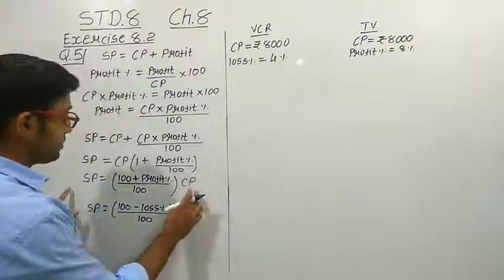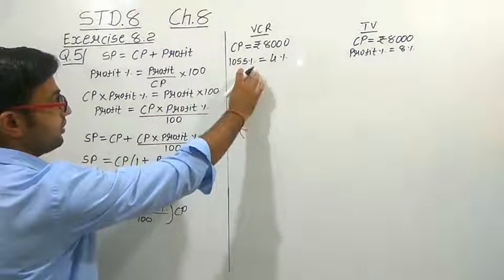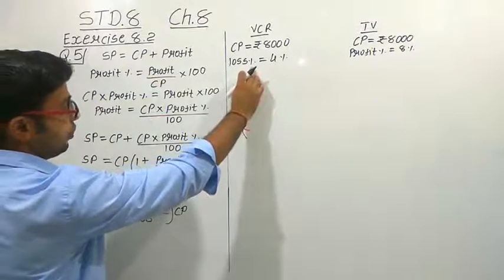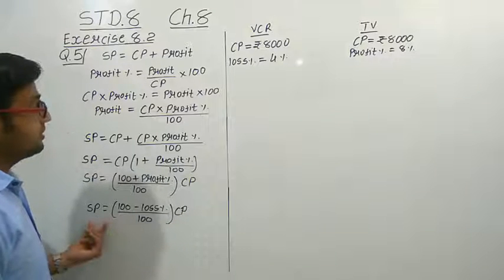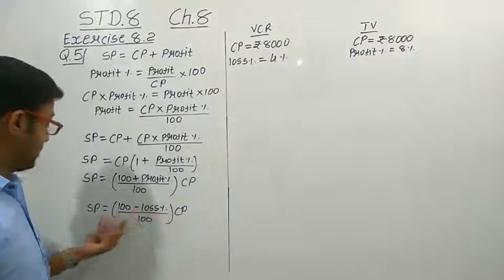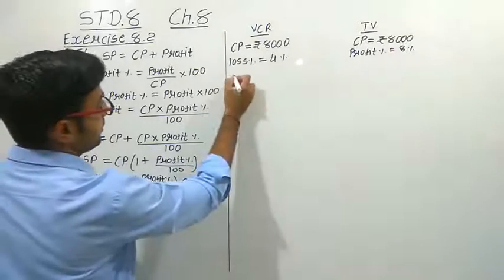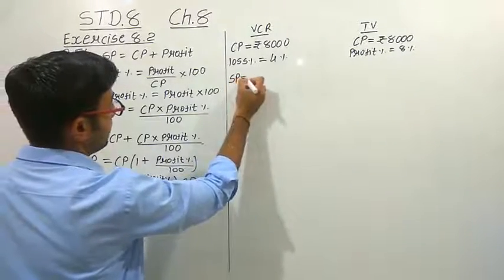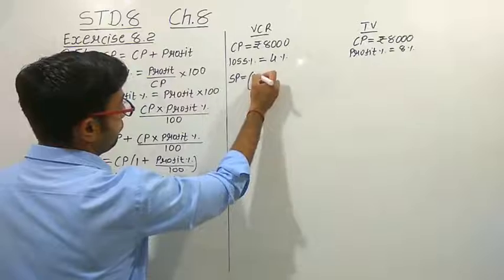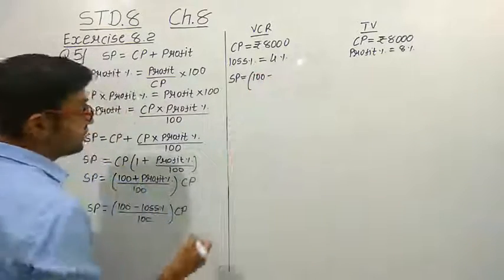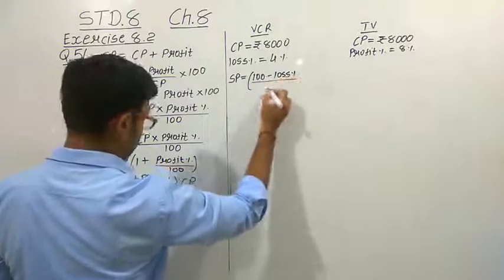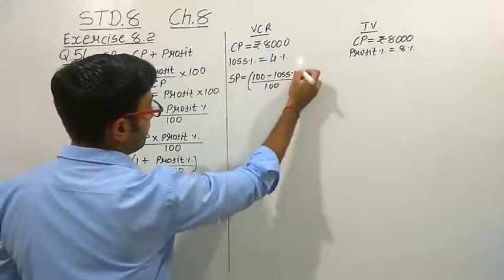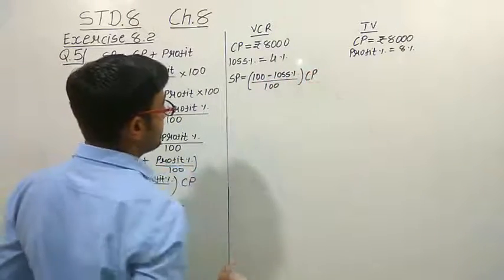So let us find out the selling price of both this VCR and TV. Here we can use this formula, because on the VCR he had made a loss. Here we have two things, cost price and loss percentage, so we can find out the SP. Selling price is equal to (100 minus loss percentage) upon 100 into cost price CP.